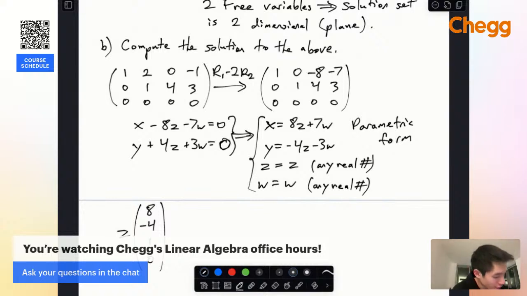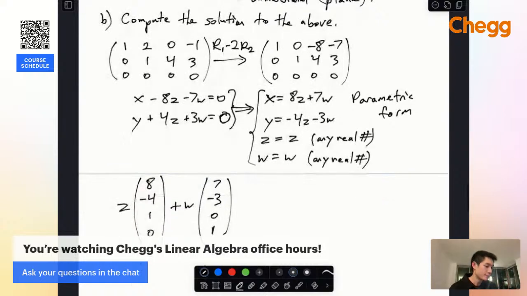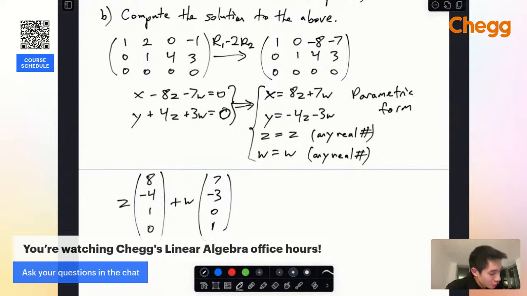And then for w, I have w times 7, minus 3, 0, and 1. And so this is what's called a parametric vector form of the solution.